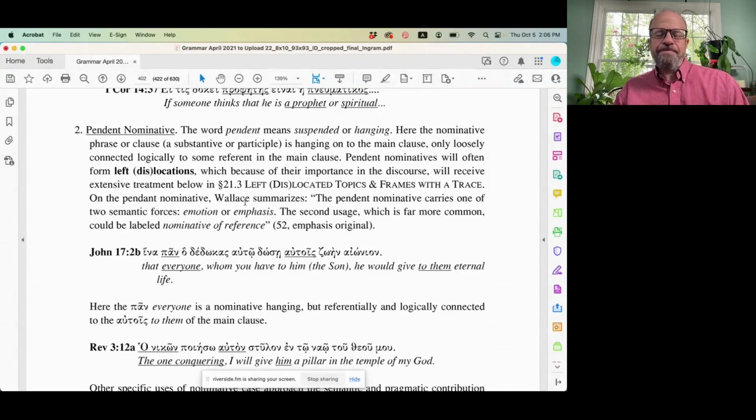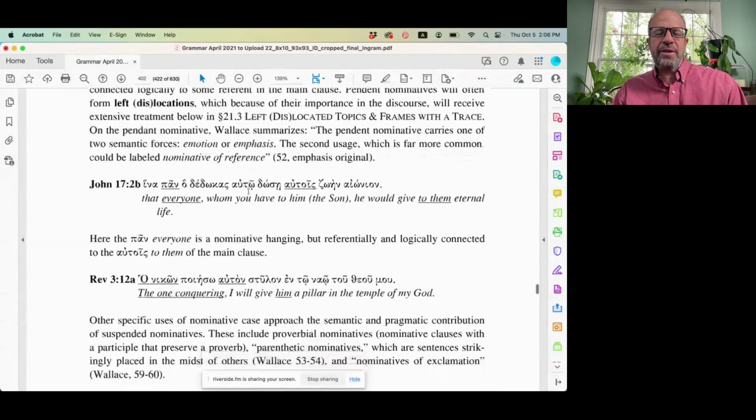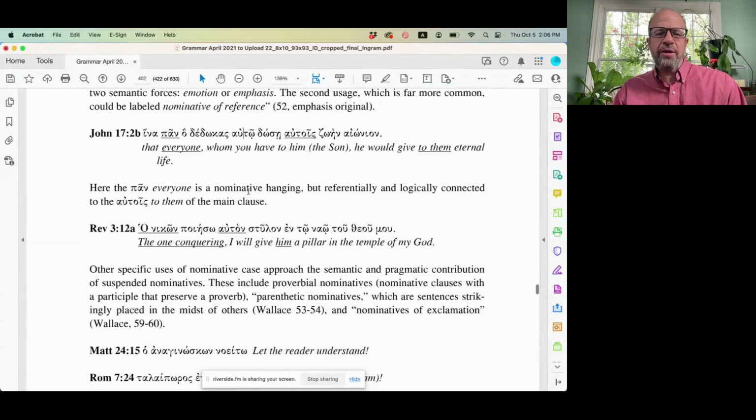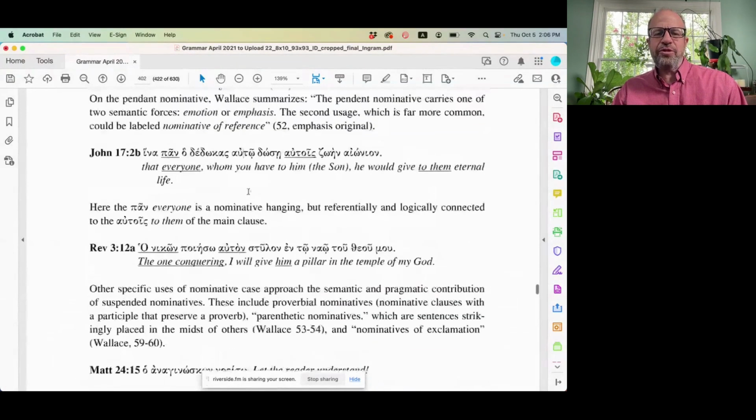This occurs in a situation called left dislocation. So every now and then you might have something pulled out in front, nominative, and then it's picked back up by a trace back in the main clause, like a pronoun trace. And you can see some examples there.